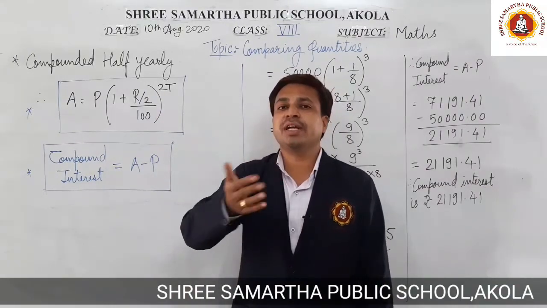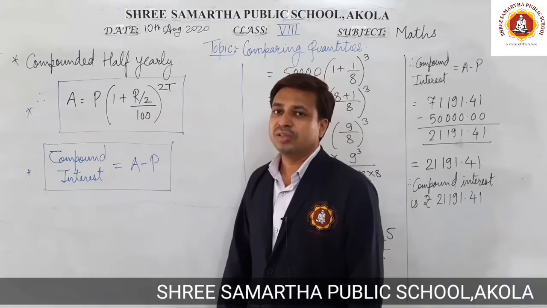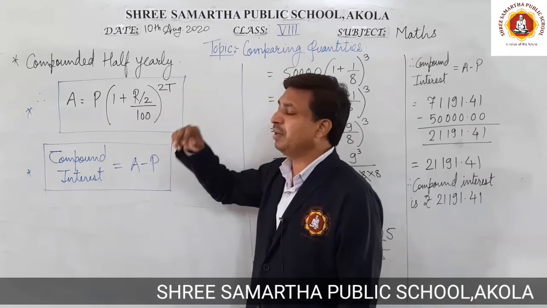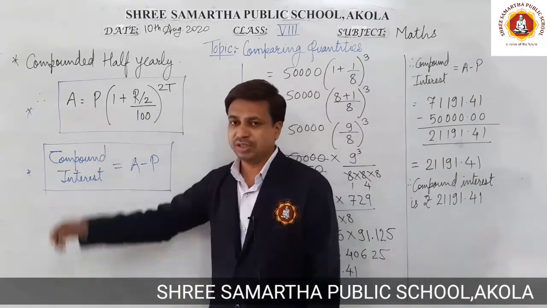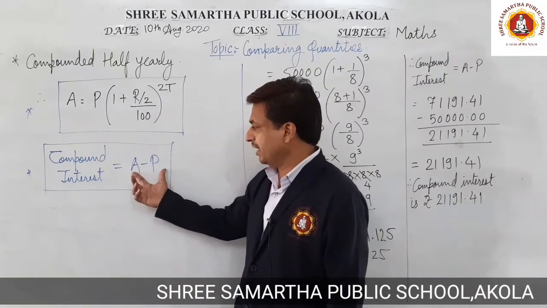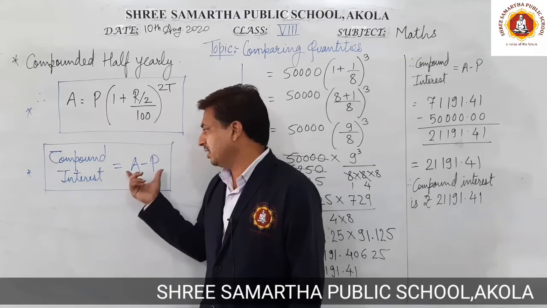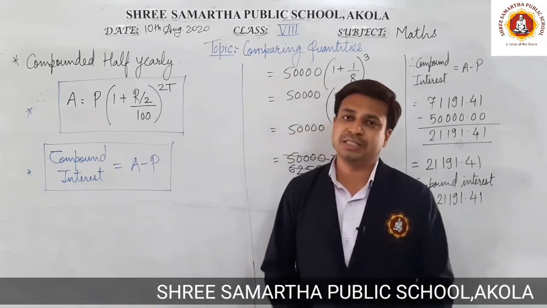Compounded quarterly means R will be divided by 4, because 4 quarters make 1 year, and time will be multiplied by 4. Then you will calculate the amount, and after getting the amount you can calculate compound interest using the formula: compound interest is equal to amount minus principal.